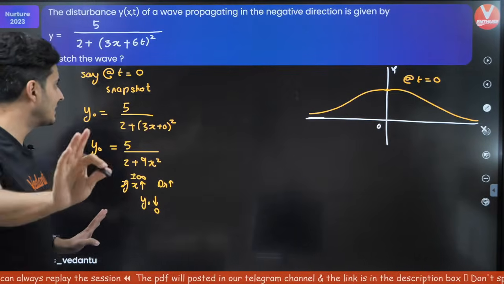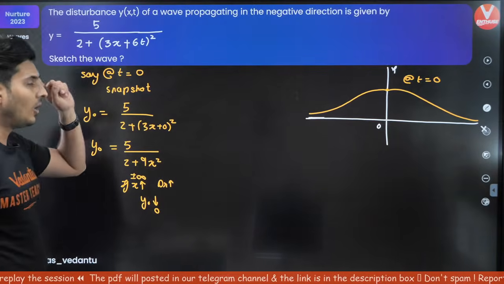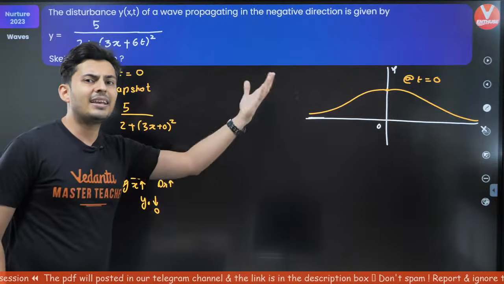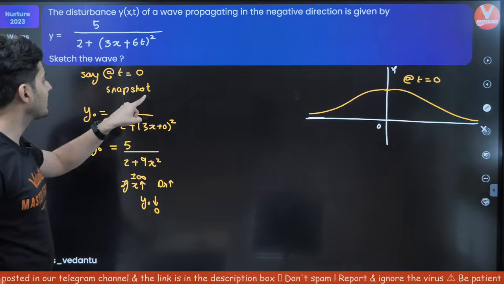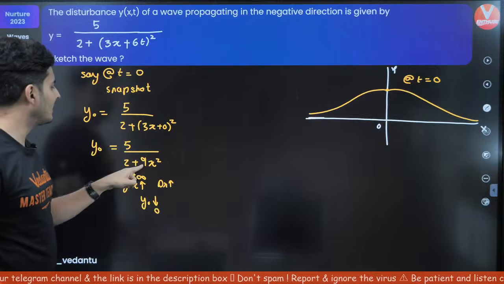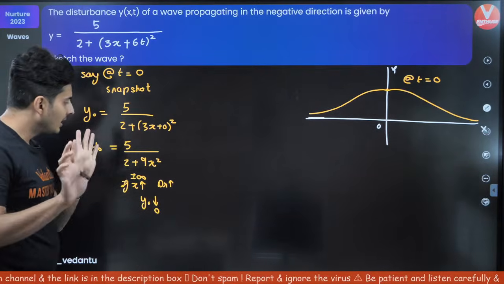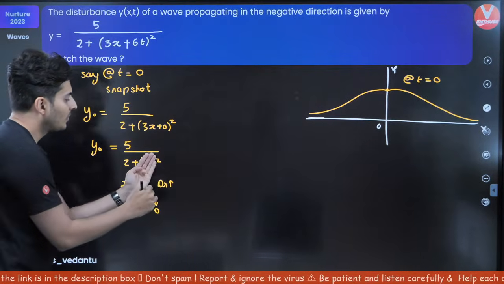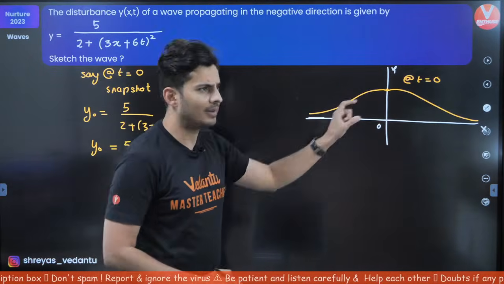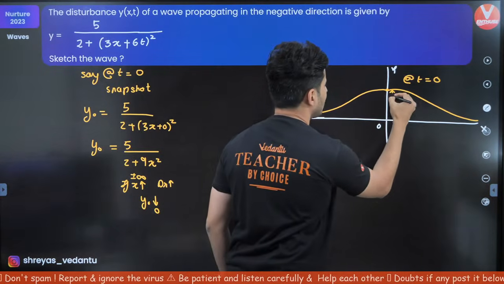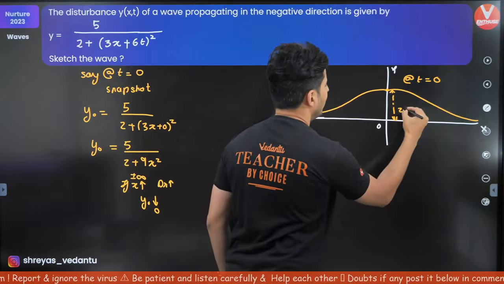So what has happened? Let's rework. I thought instead of sketching the graph at any random time, let's sketch it at t equal to 0. So substitute t equal to 0, and you will get 9x square in the denominator. Next, if x is 0, y will become 5 by 2, which is 2.5. So this height obviously will be 2.5.